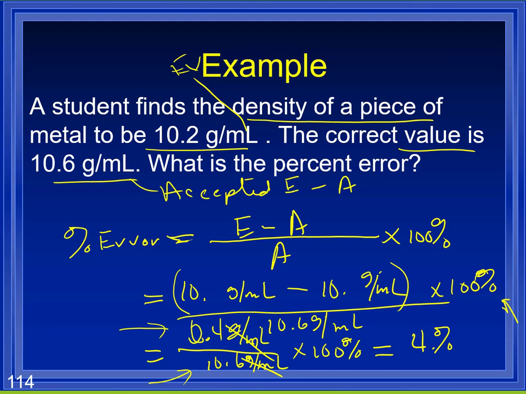So I should have had those two reversed, which gets me negative 0.4, which gives me negative 4%, which tells me my answer was too low. So the negative tells me my answer is too low, and I'm low by 4%. That sounds a lot better than the negative 85.6% I got when I just pushed buttons on my calculator.